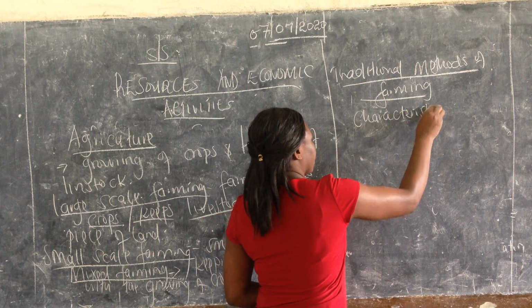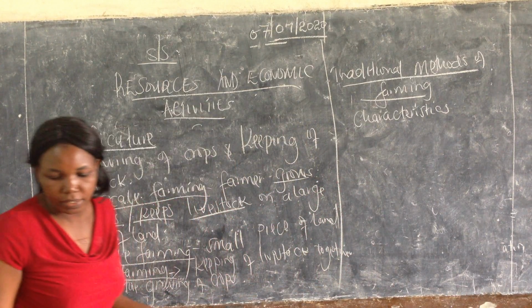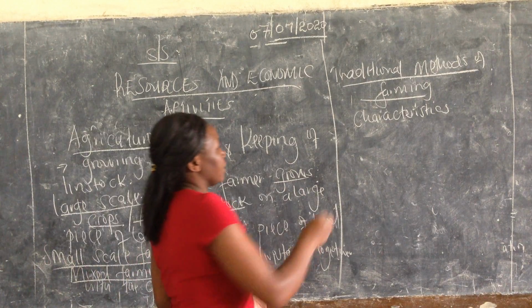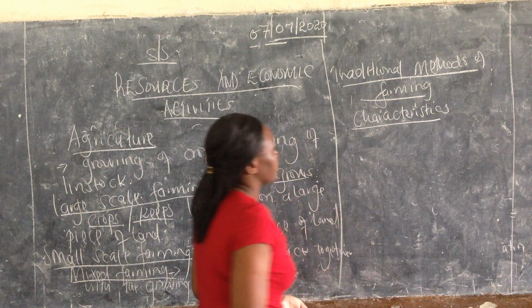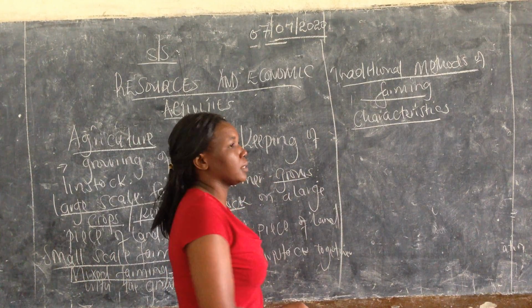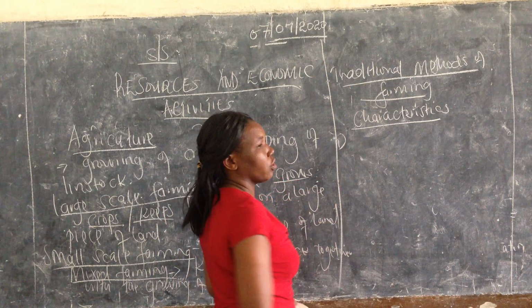Here we have different types of characteristics, and one is that farmers depended on family labor.